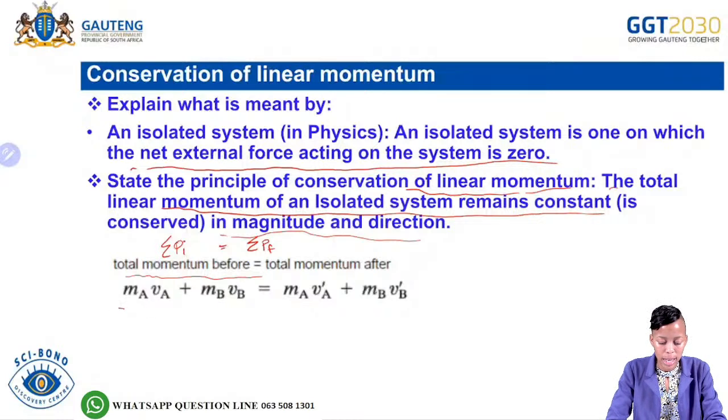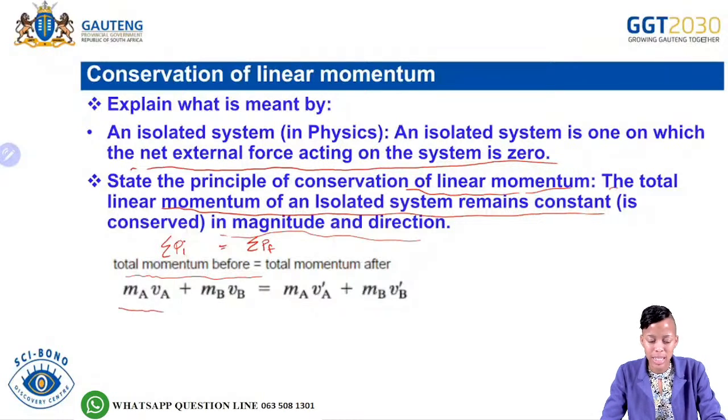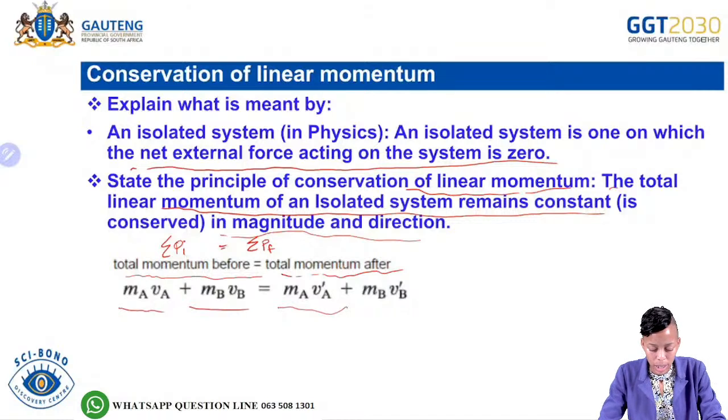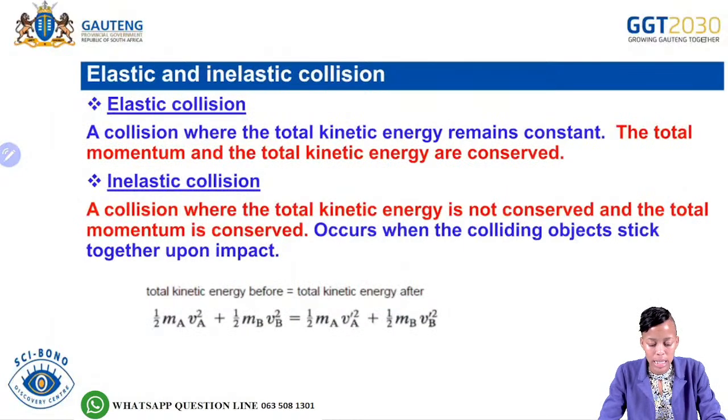This is then MAVA for object A, MBVB for object B. Then again, the total momentum after: the MAVA would be representing object A, and the MBVB would be the momentum of B after the collision.